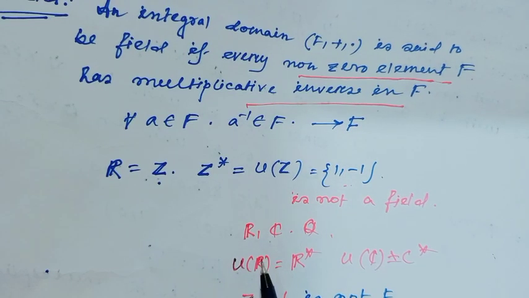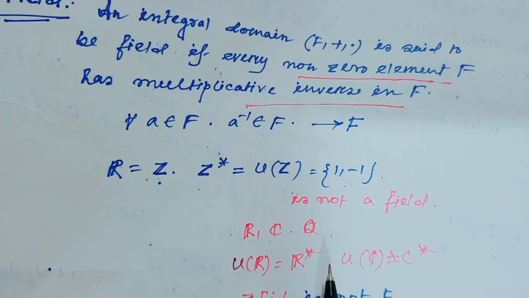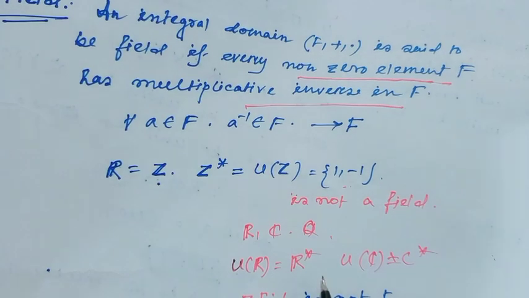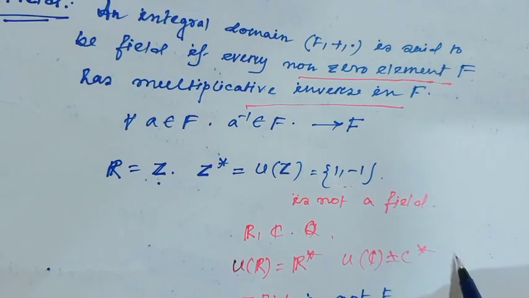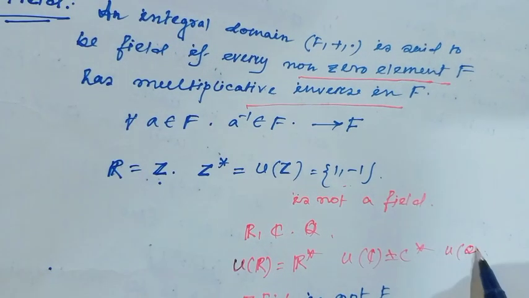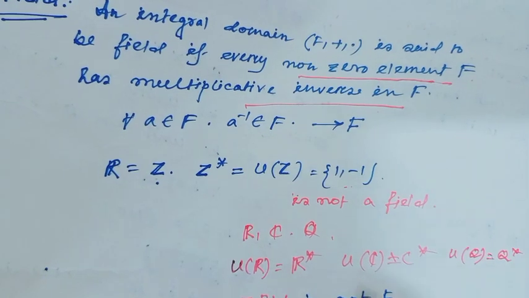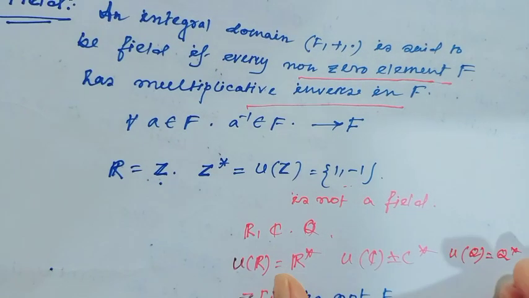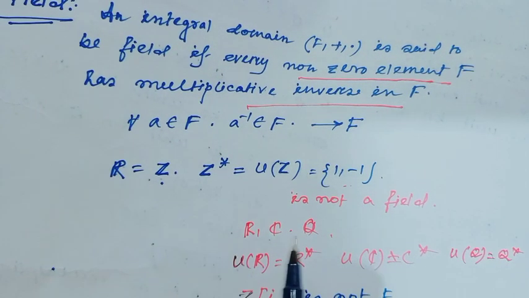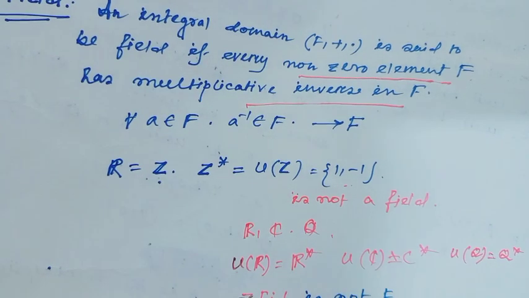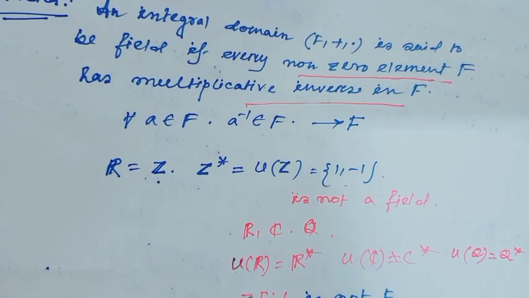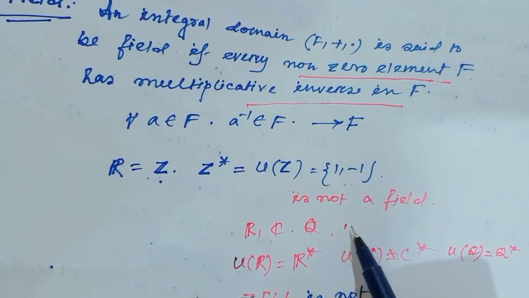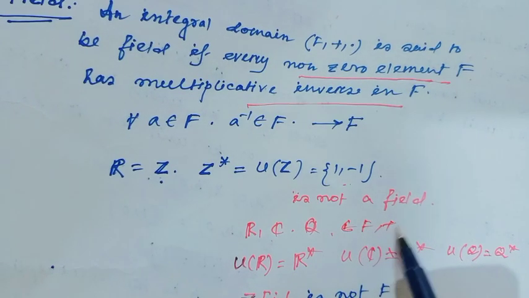Similarly, we all know real numbers, complex numbers, and rational numbers are all fields because U(R) equals R star, U(C) equals C star, and similarly U(Q) equals Q star. That means here every non-zero element has a multiplicative inverse. So these belong to the fields.